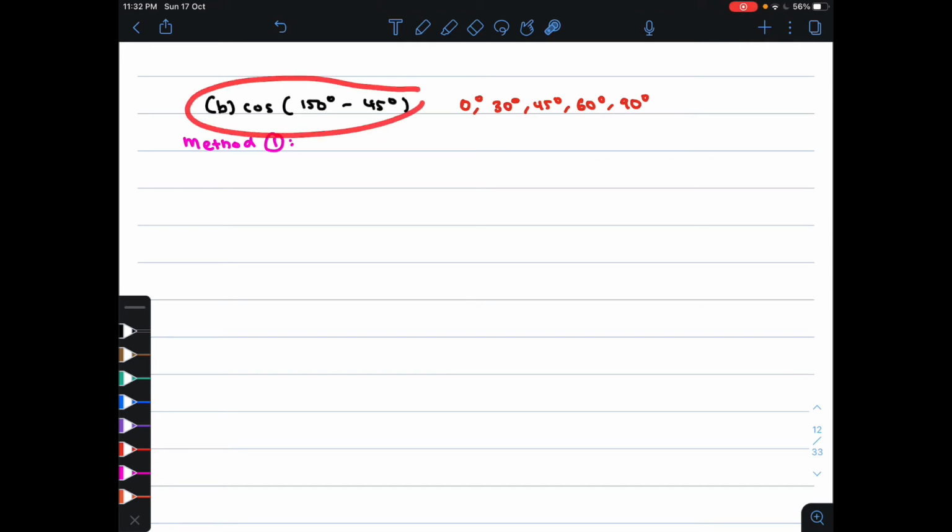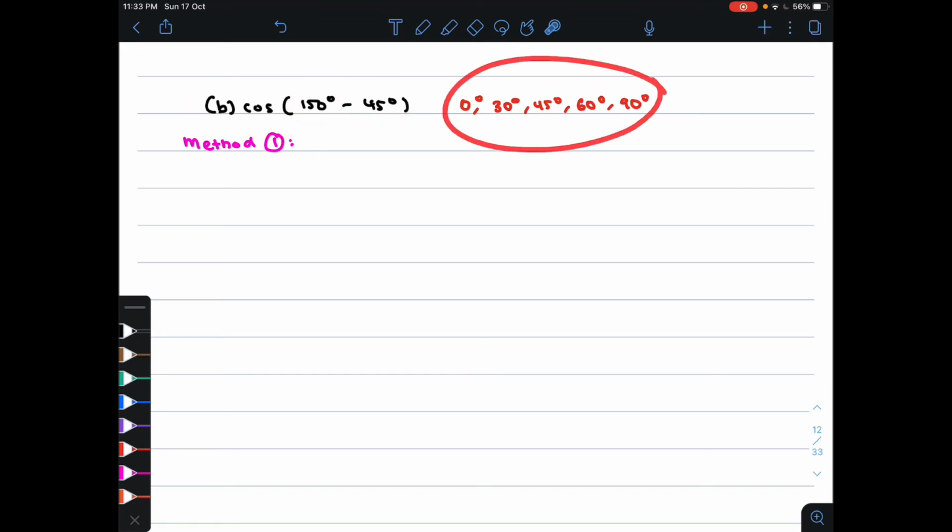But if we look at our question here, we have 150 degrees, which is not a special angle. So, do not apply the compound angle formula yet to question B. Instead, we're going to do something to question B first.